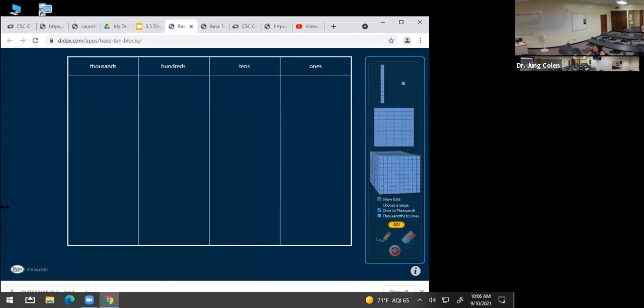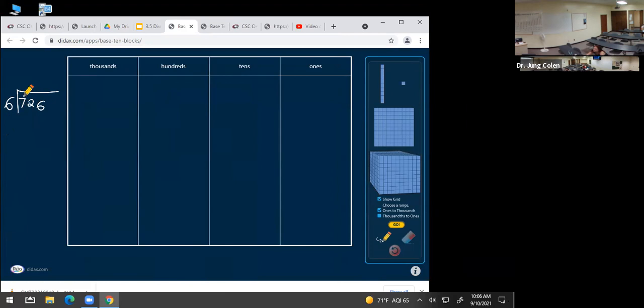726 divided by 6. We want to teach our students 726 divided by 6, so we want to represent this number using these base 10 blocks here.